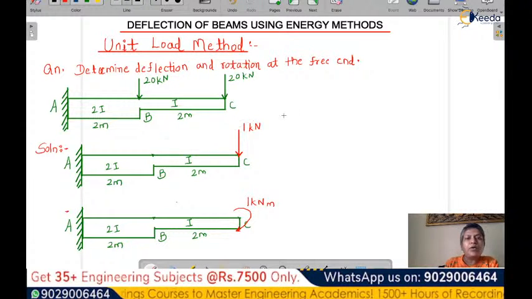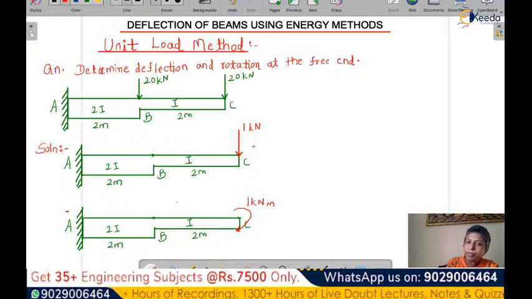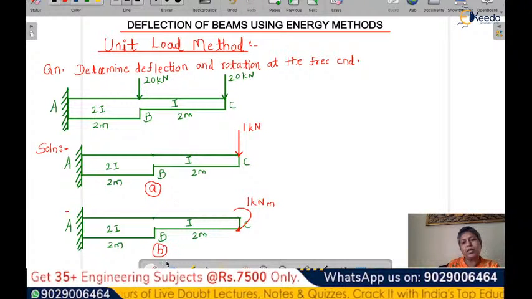Now again we have to find the bending moment expressions. Because of the unit load, moment will also be there. For condition A and condition B, there will be a moment.